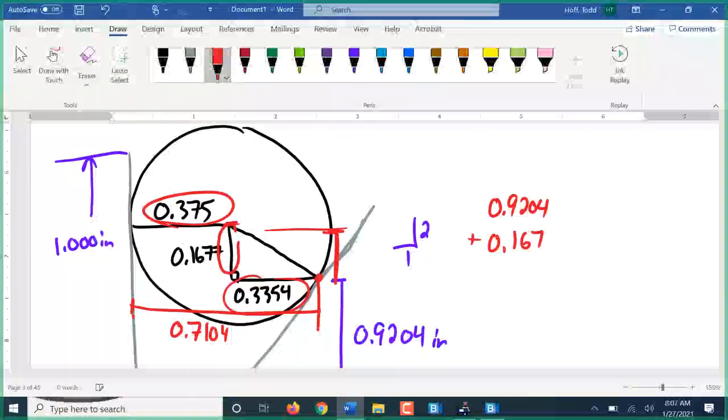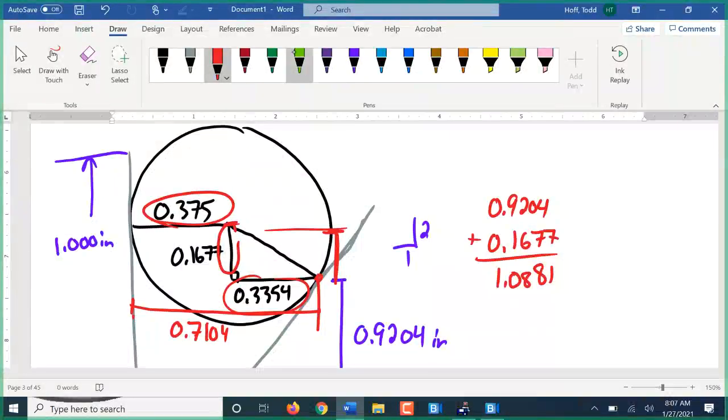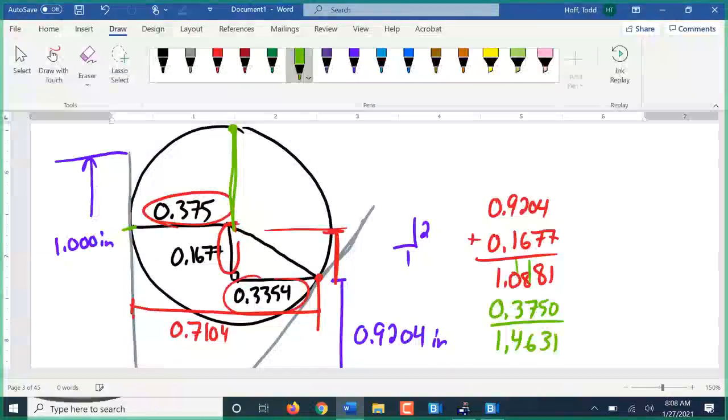Perfect, 0.1677. 0.0881. And then from center up to the top of the rod, how much is that? 0.5. Still doesn't work out really the greatest because this here actually is above the top, but we're going to pretend it works.